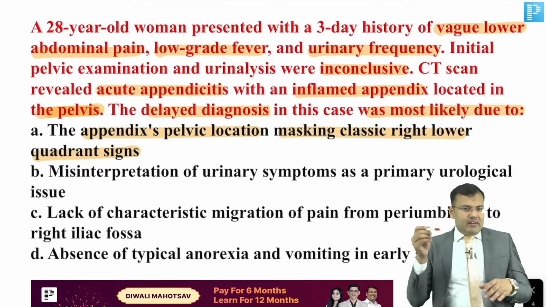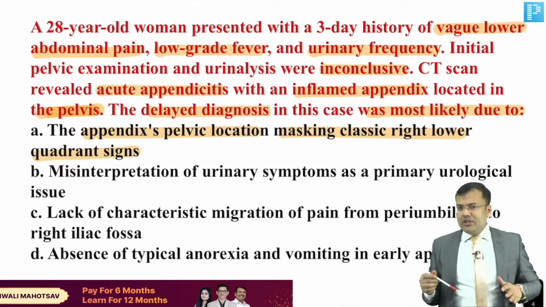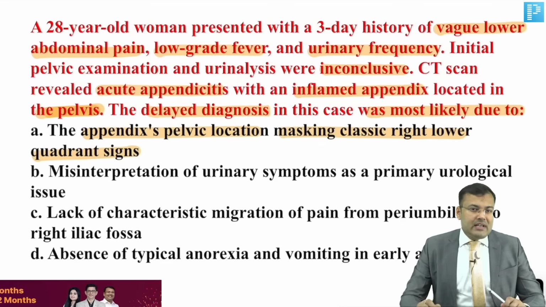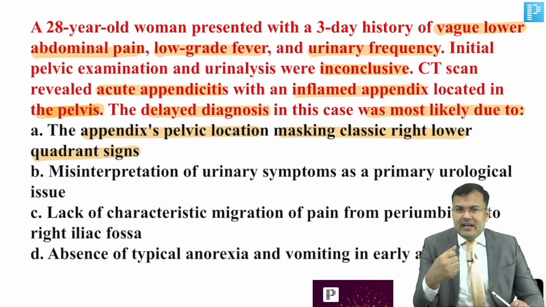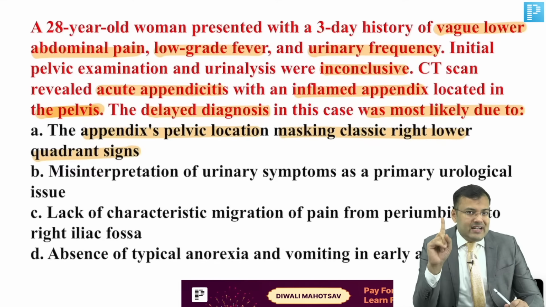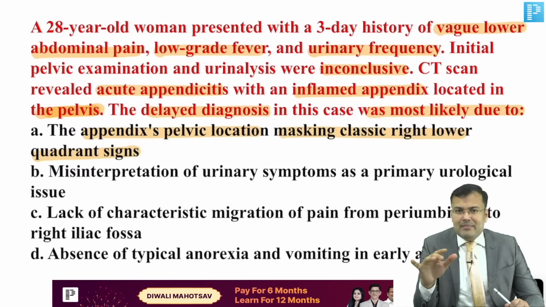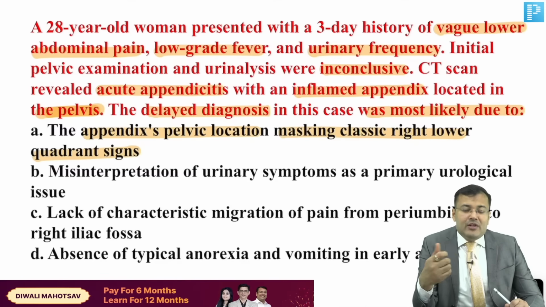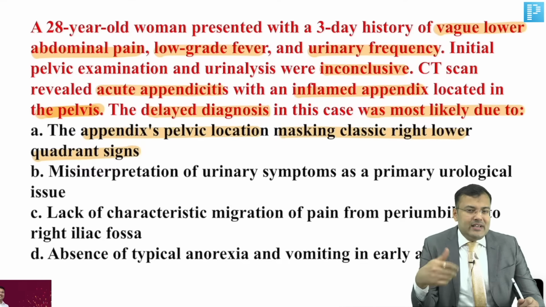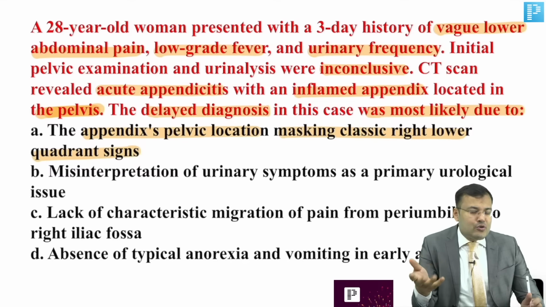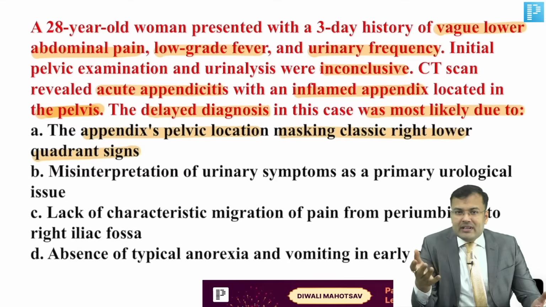Whenever the appendix is pointing towards the pelvis, abdominal signs and symptoms are not prominent. The patient might have diarrhea, and we have to elicit tenderness by digital rectal examination. The patient might have urinary symptoms also, because in the pelvis there is the ureter. Irritation of the ureter can lead to microscopic hematuria. There will be urinary signs.